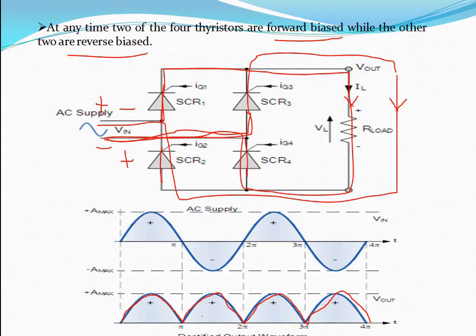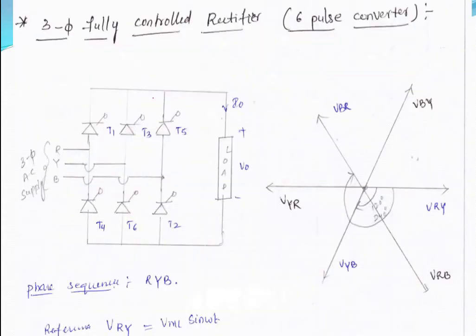Coming to the three-phase fully controlled rectifier, in other words, you can call it a bridge or 6-pulse converter. The 3-phase fully controlled rectifier, we can also call a 6-pulse converter.